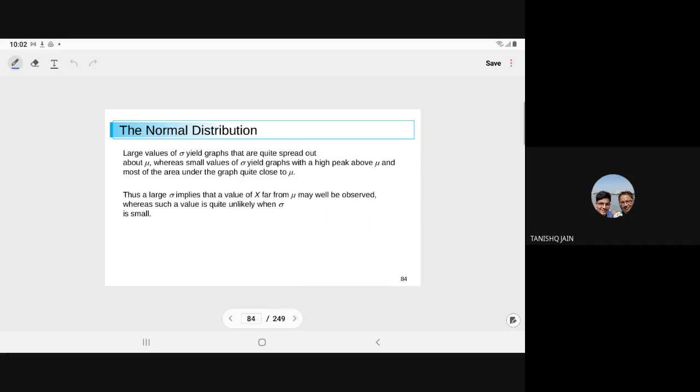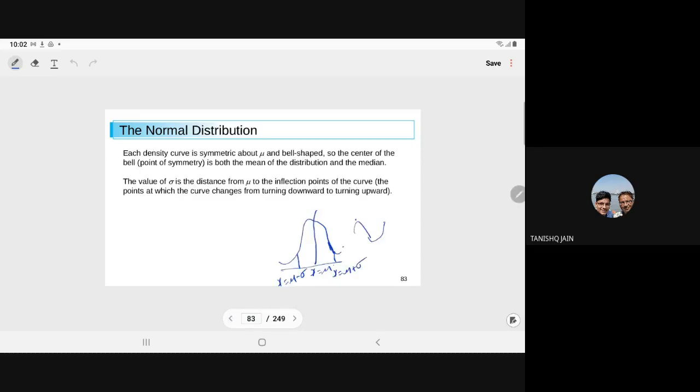But here the curve is not decreasing, it is just like a mountain, it goes up and goes down. Those curves that you showed, it was not going up again. That is true. The main thing is here, for example, it is written turning downward to turning upward.